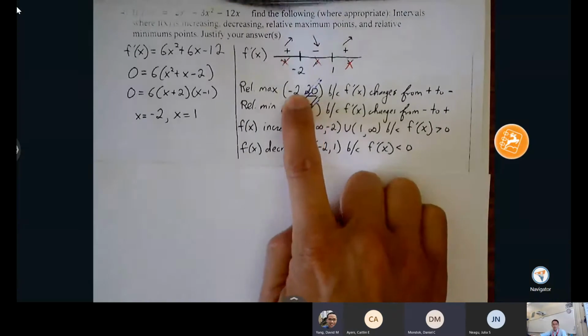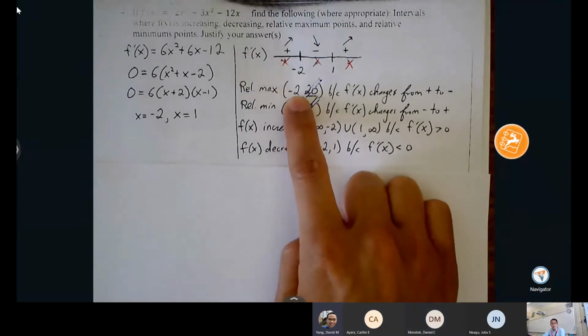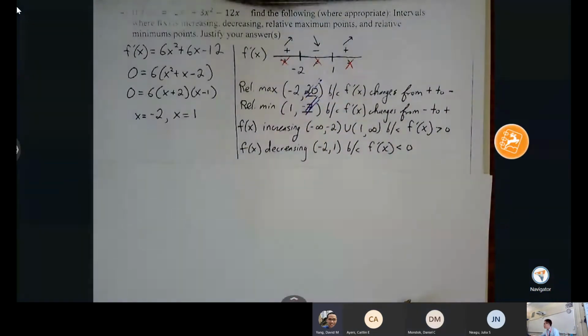Yeah. Or I can say relative max at x equals -2. That's fine as well. Okay. All right, Julia, Caitlin, you guys okay? Yep.